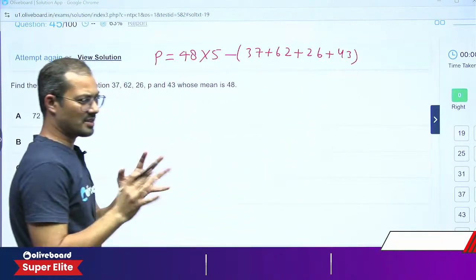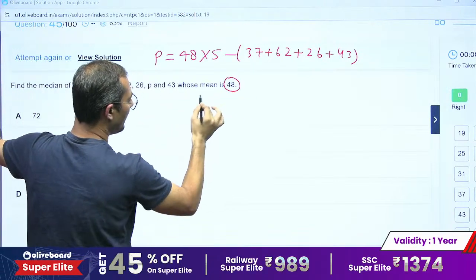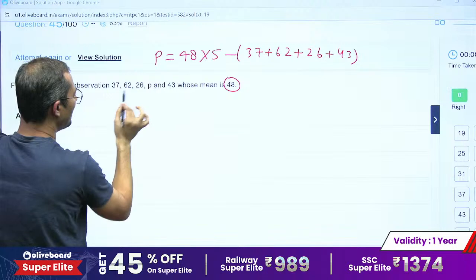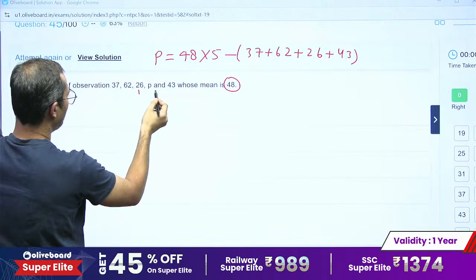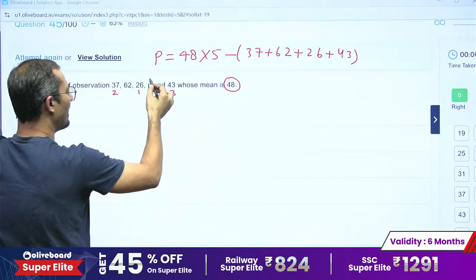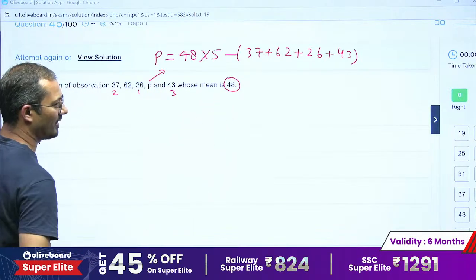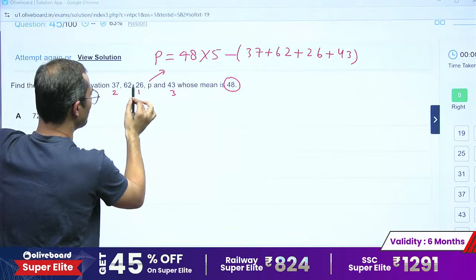Or by observation we can say that the mean is 48, and 3 numbers are already below 48. See, first number, second number and third number. So we can say that the value of P is definitely more than 48. And we know that there are 5 observations.